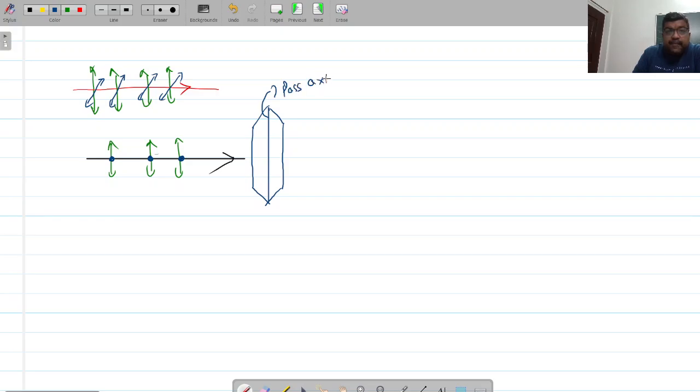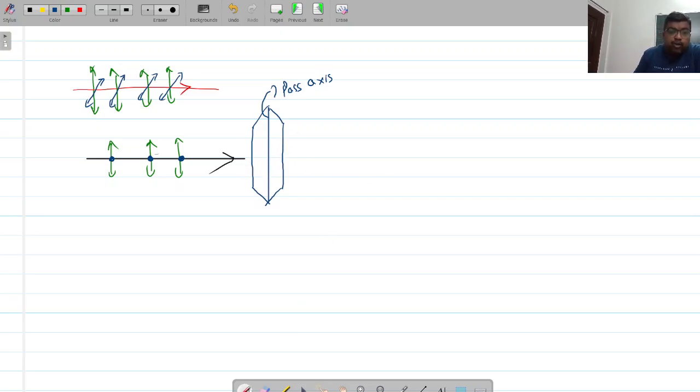Pass axis means the vibrations which are in this direction, along the axis, will be allowed to pass through the Polaroid, but the vibrations which are perpendicular to the pass axis will not be allowed.